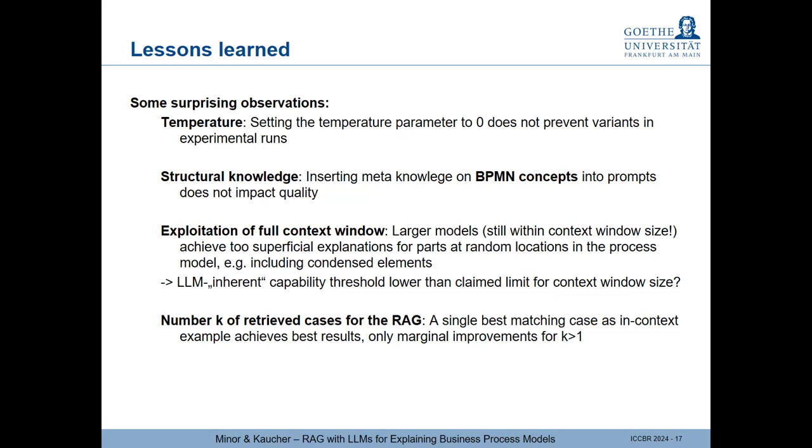The last observation is that the optimal K, the number of retrieved cases, is 1 at the moment, and that the improvements for larger numbers of retrieved cases are not worth the effort at the moment, at least. Maybe also due to the limited context window size.